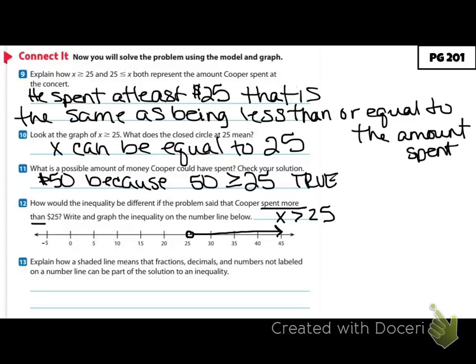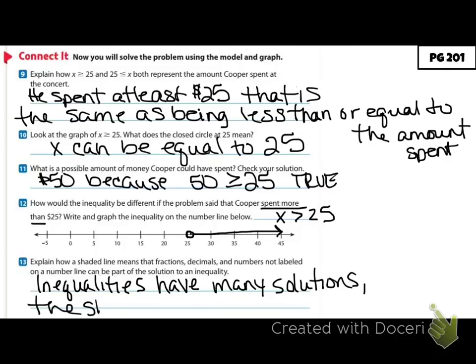Number 13, explain how a shaded line means that fractions, decimals, and numbers not labeled on the number line can be part of the solution of an inequality. Inequalities have many solutions.